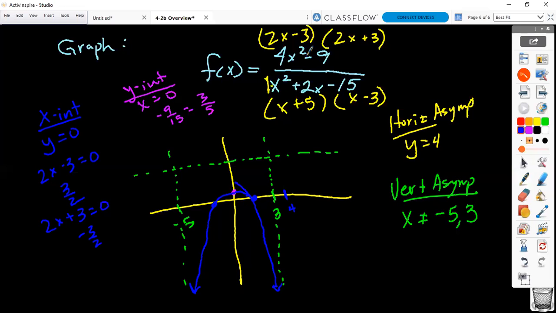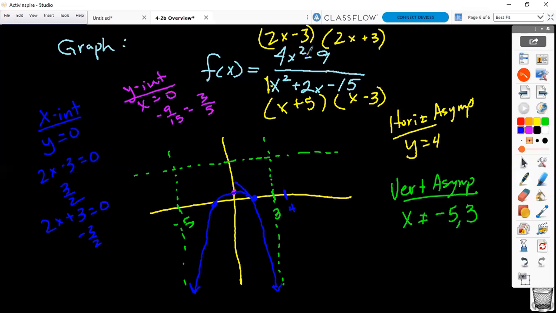So I was about to say we're looking at, if we're at a 4, so that on the numerator would have been 4 times 4 squared, which is 64, minus 9.